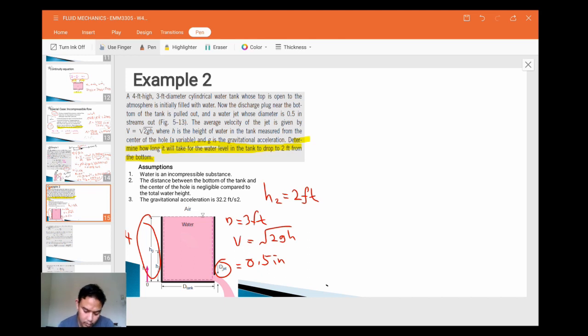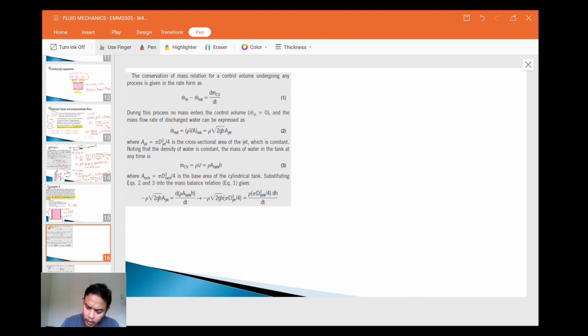So what we should do first of all, based on the continuity equation or conservation of mass, we know that M dot in minus M dot out is equal to the derivative d m CV by dt.